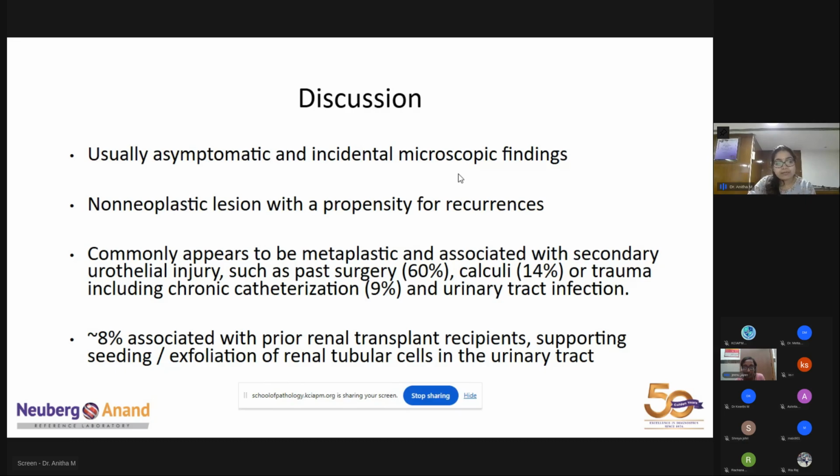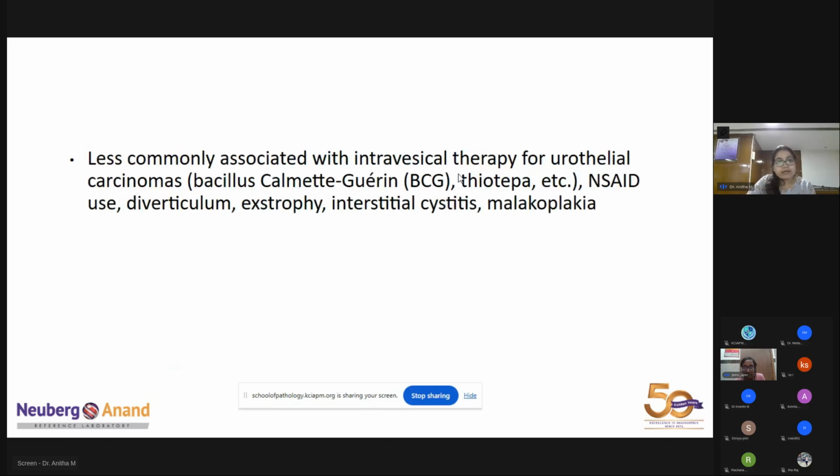And a good number of cases are noted in prior renal transplant patients, where the etiology is seeding of injured renal tubular cells. They arrange at the injured area, and they can be associated with urothelial carcinoma, intravesical therapy they had taken, or NSAIDs, diverticulum, and interstitial cystitis. Malakoplakia can be an associated finding, but in this case there is no malakoplakia.